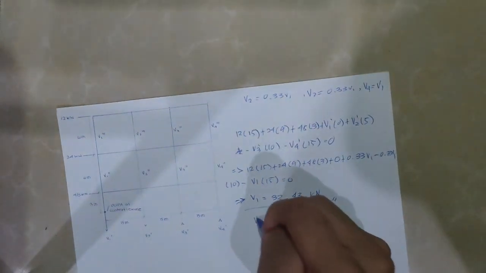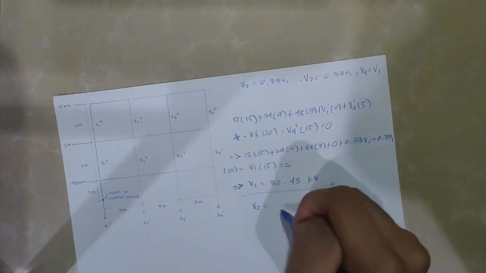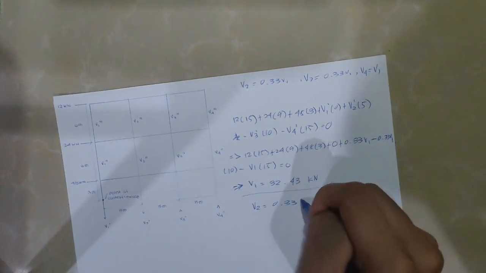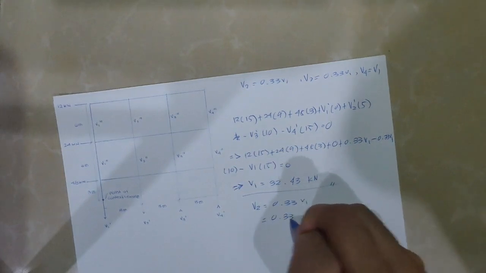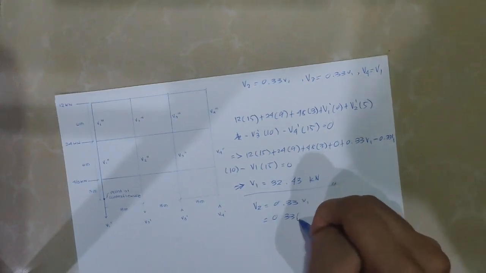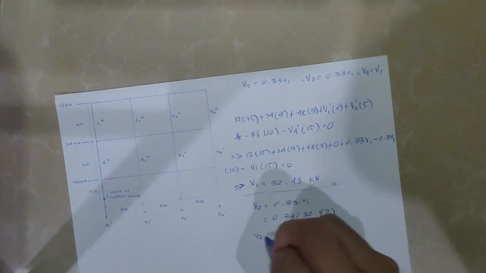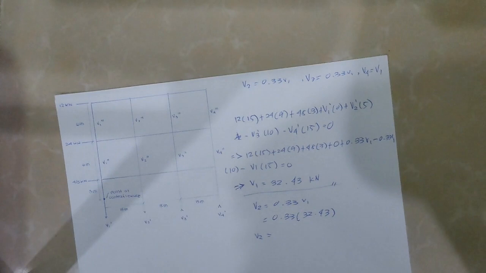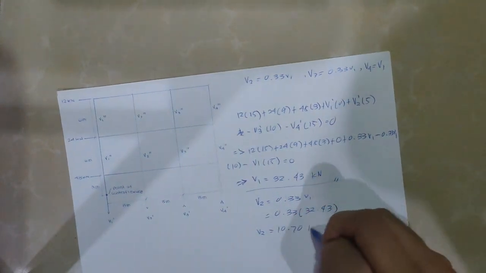So getting the V2 is equal to 0.33 V1, or we can input it directly, 0.33 times 32.43. We input it in the calculator and get the answer of 10.70 Newton.